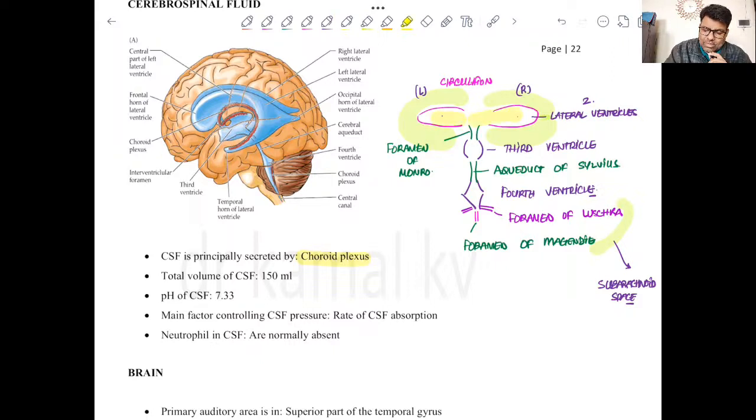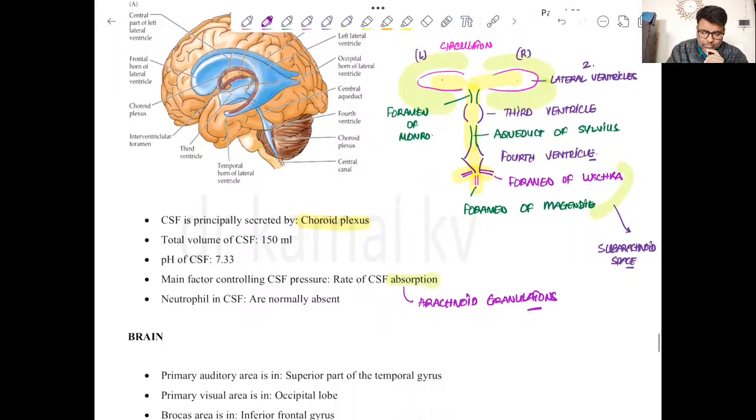Two lateral ventricles, foramen of Monro, third ventricle, aqueduct of Sylvius, fourth ventricle, two foramen of Luschka, and one foramen of Magendie. Now, the absorption is the important thing to control CSF pressure, and this is done by arachnoid granulations. So this is how CSF is produced and absorbed.